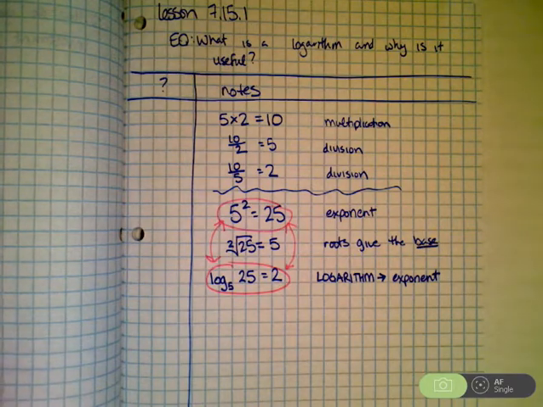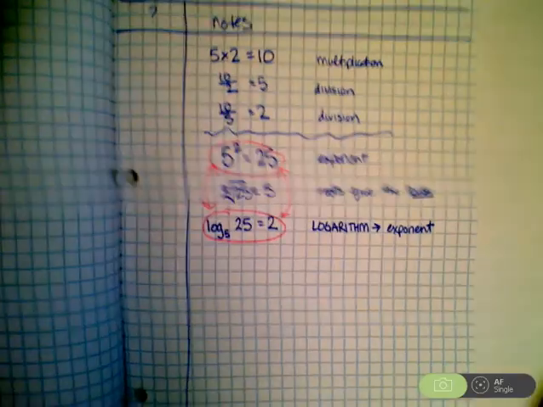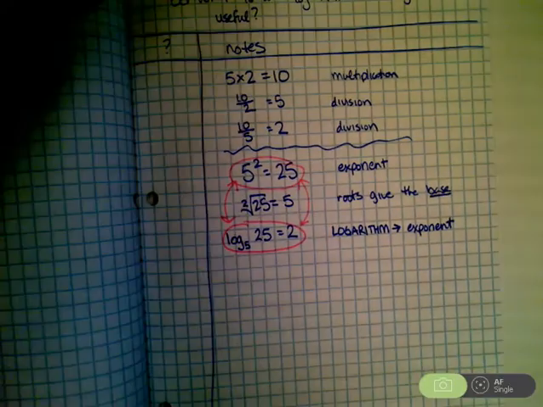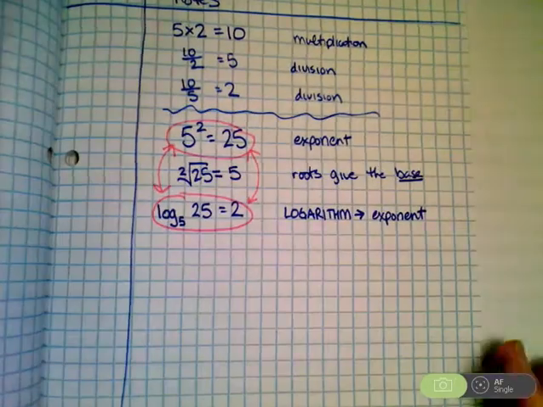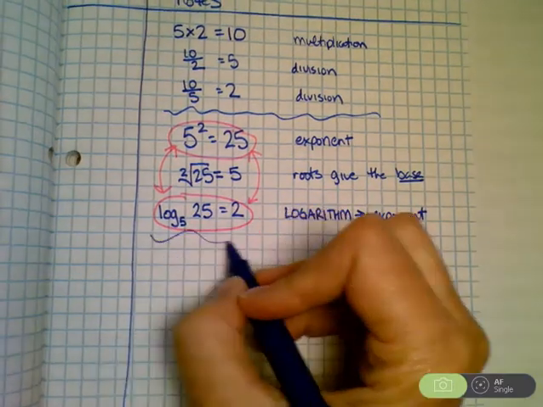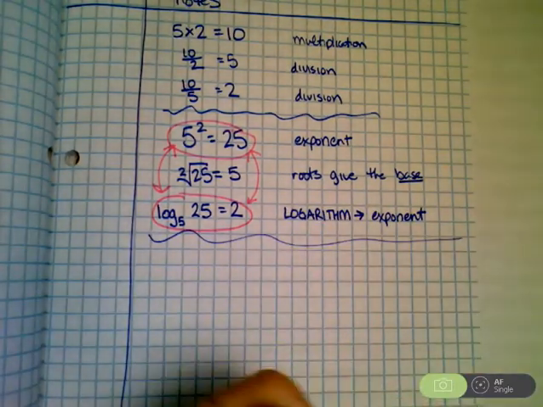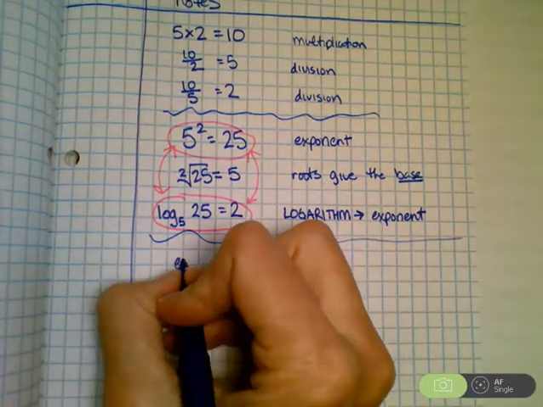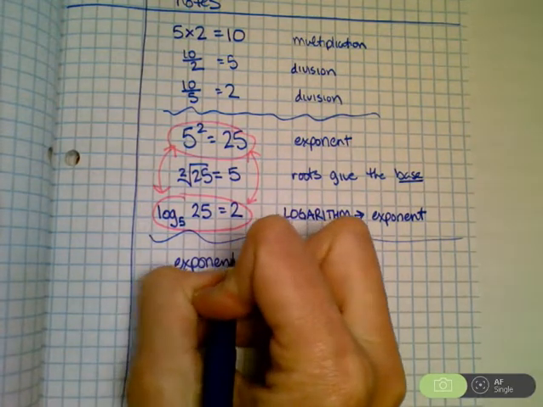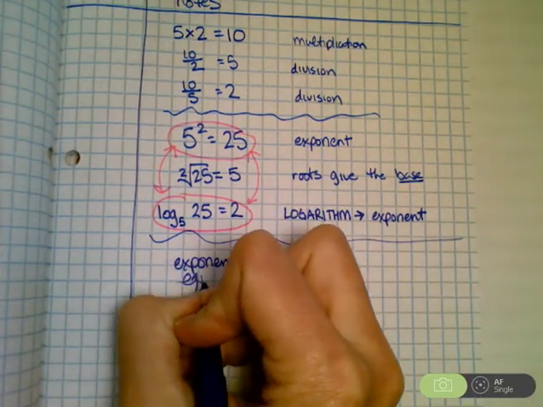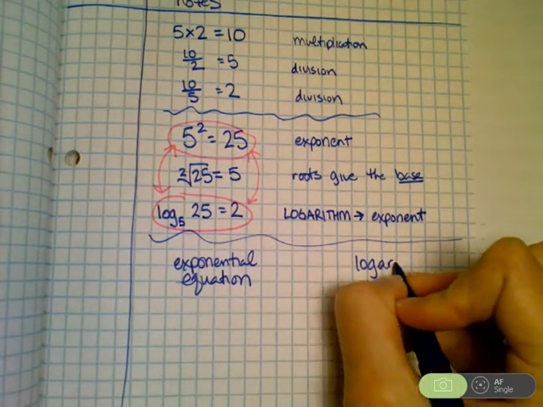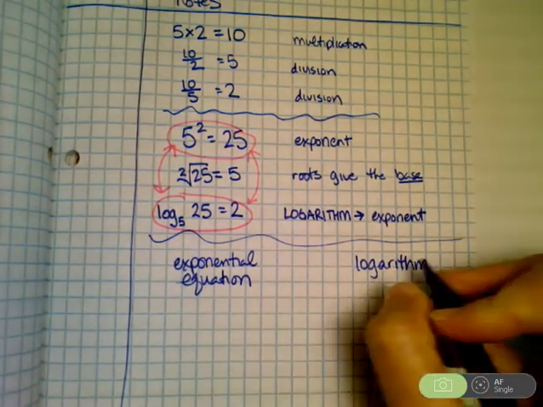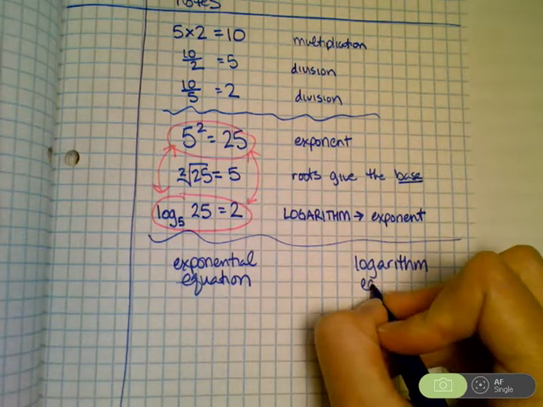So the big idea here, and let me just move this a little bit so you can see it better, is that if you start with an exponential equation, you also have a corresponding logarithmic equation.